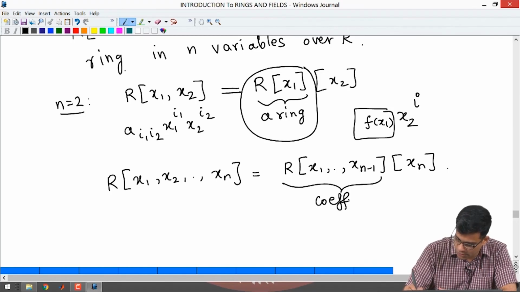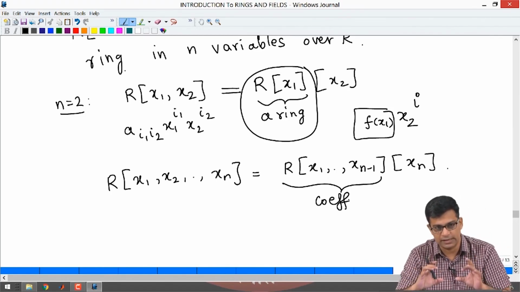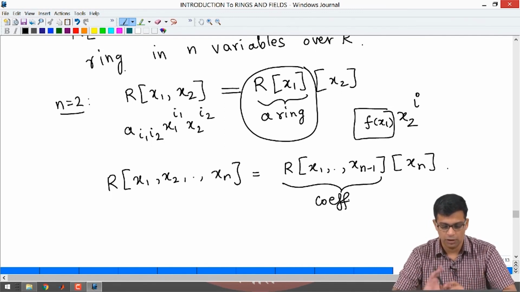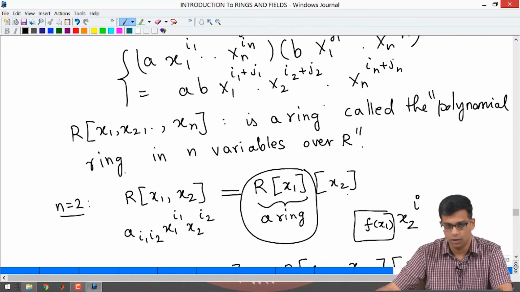So, these are the coefficients. Again, as I said, these are exactly the same objects, but our perspective is different, and we will not initially at least discuss much about polynomial rings in several variables, but I wanted to at least define them so that you are familiar with them.